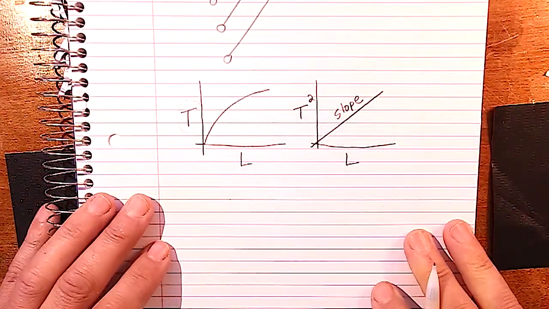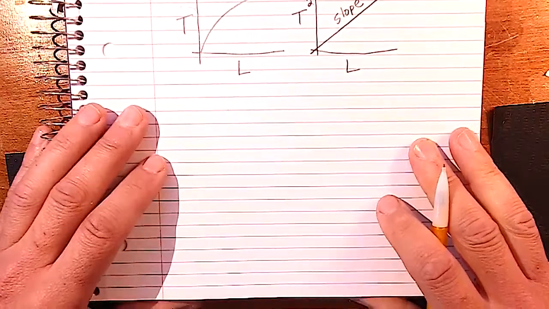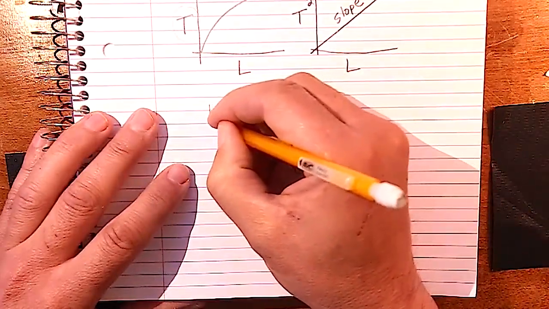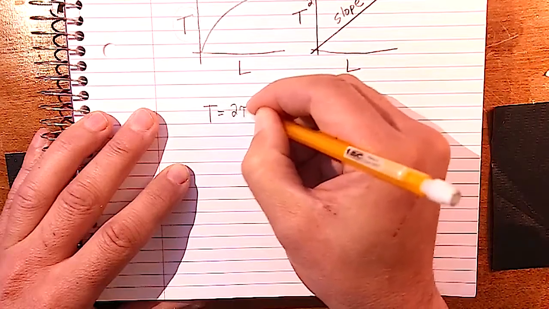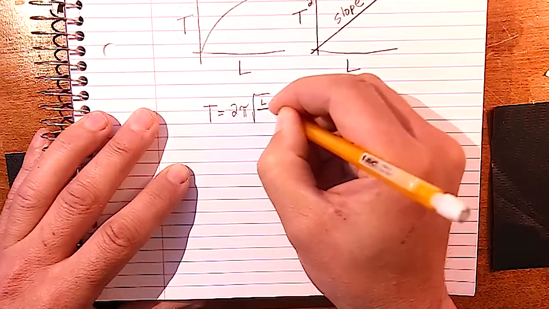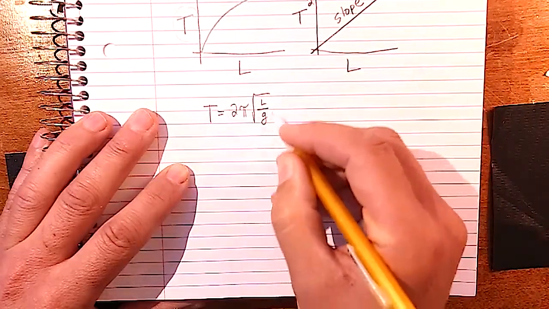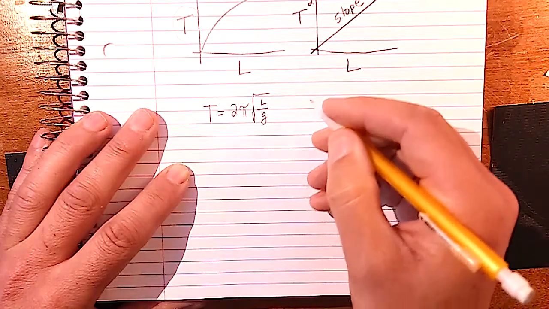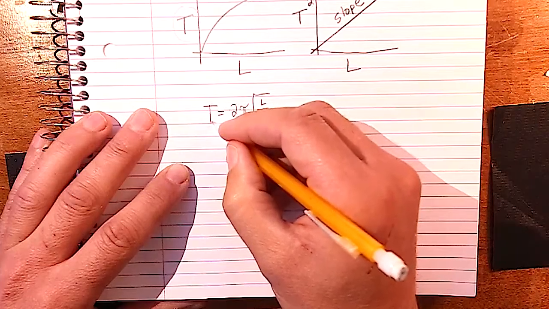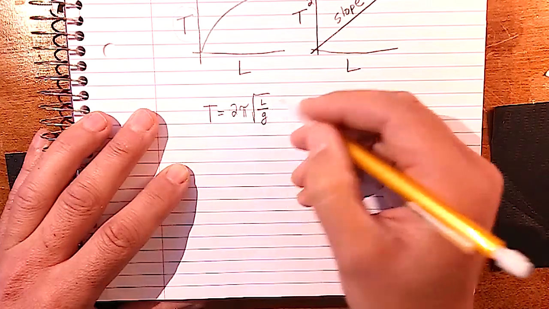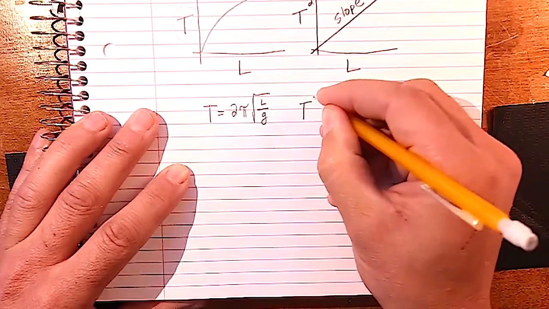So if you do that, you'll end up with a number, and the formula is T is equal to 2π radical L over g. And later, we'll do the derivation for this. But for now, we want to look at this relationship of T squared to L. So let's square both sides of the equation.